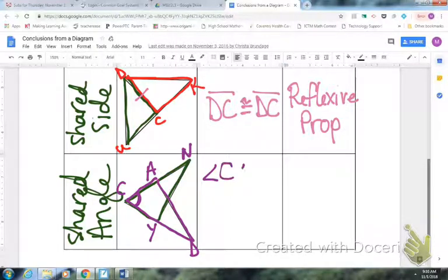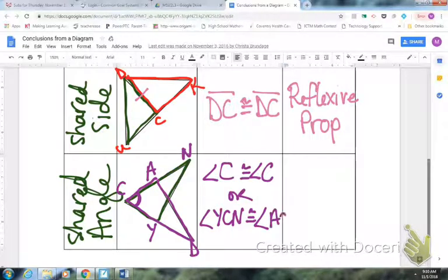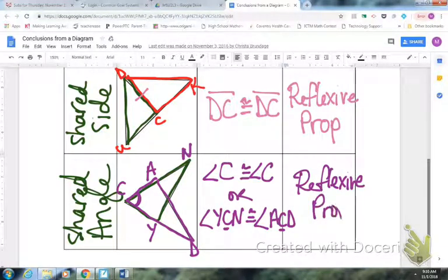You could say that angle C is congruent to angle C, or since there's only one angle at C, you can actually just name it C. Or if I'm going to name it with 3 letters, I might state that angle YCN, the angle of the green triangle, is congruent to angle ACD, the angle in the purple triangle. It's both angle C, because notice, C is your middle letter, C is your vertex. And this reason is the same as the one above. This is still the reflexive property.